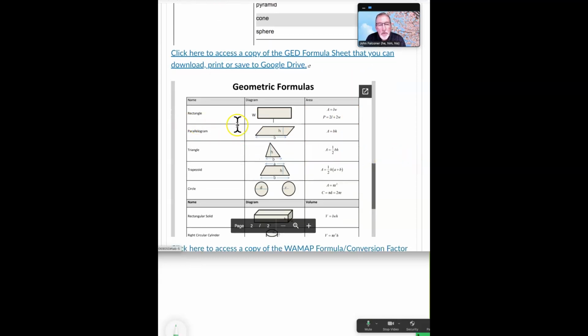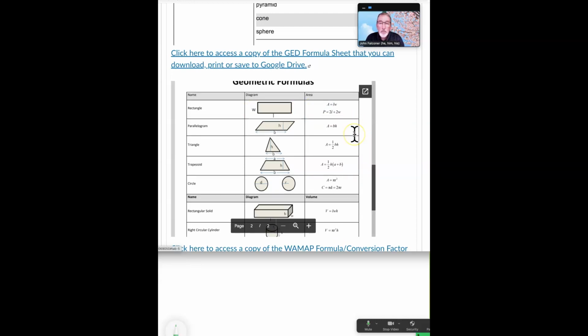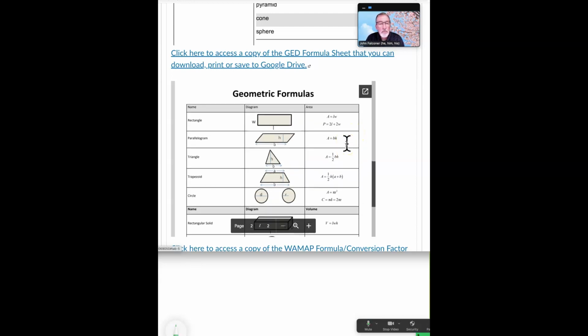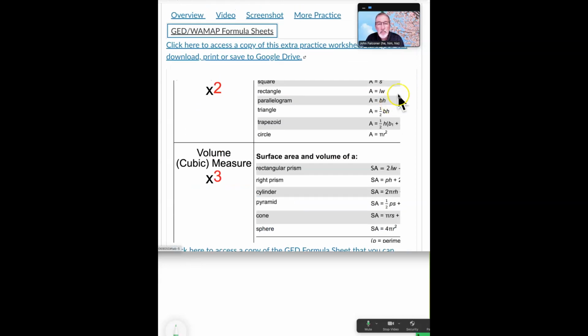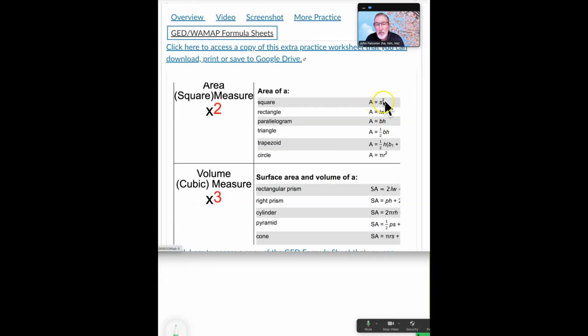So area of a rectangle is one side times the other. They have L and W, so length times width. And this is actually really similar to the area of a square. You multiply one side by the other. And in a square, all the sides are the same, so they will just write that S squared. That's what we have up here in the GED form, S squared. But it's really one side times another side.